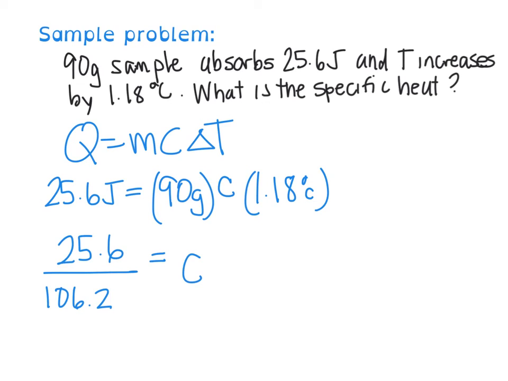That will be C. When we further simplify, our specific heat is 25.6 divided by the 106.2, and you get an answer of 0.241. And this unit is going to be joules over gram degrees Celsius.